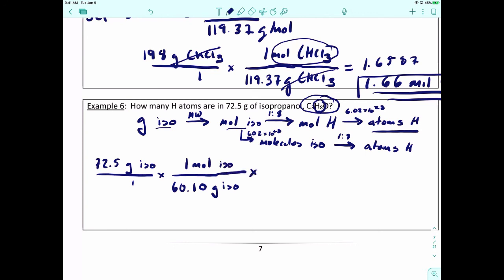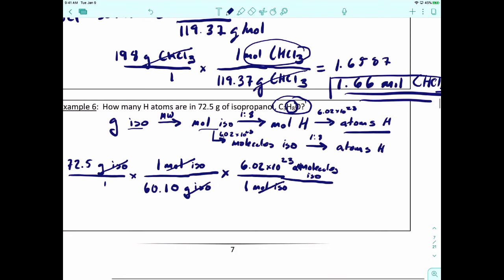Now, in order to convert this from 1 mole of isopropanol to molecules of isopropanol, you've got to have Avogadro's number. So I'm going to make sure that mole goes on the bottom, and I'm going to write 6.02 times 10 to the 23rd molecules of isopropanol on the top. That way, grams of isopropanol cancel, moles of isopropanol cancel. We're in molecules.